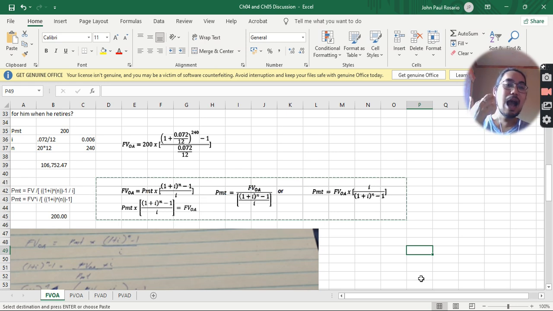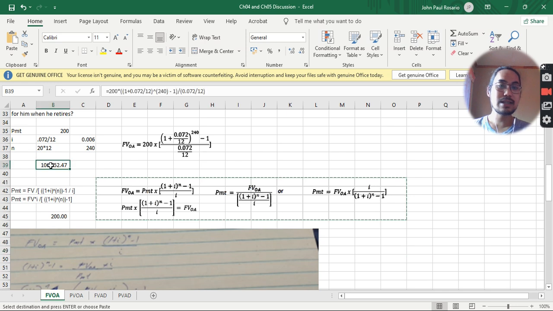So we don't know here the number of payments that you will make for you to be able to accumulate your money to the future value of 106,752.47. So the interest is 7.2% compounded monthly, and then your payment is 200 per month, and your future value is 106,752.47.